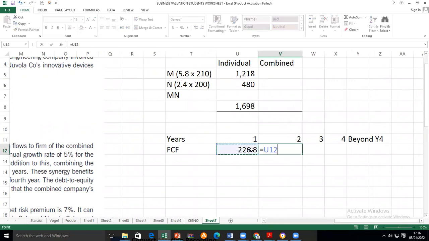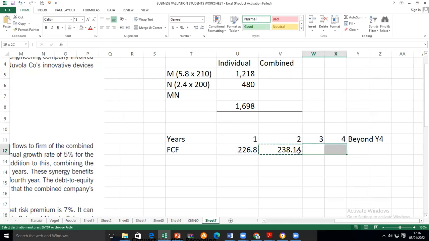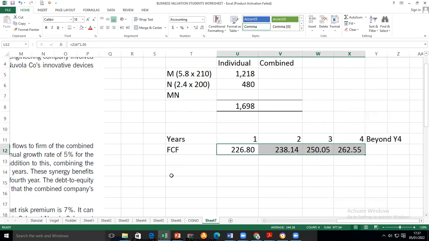Okay. So because the number is small, I work with 2 decimal places, like that.